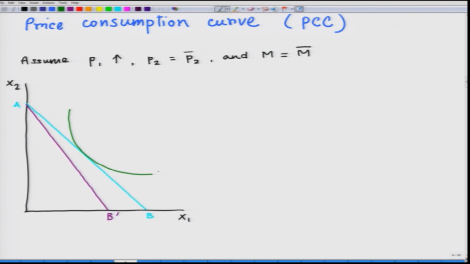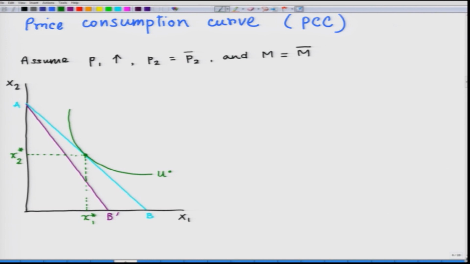So, let us start with this initial level of utility, and this is the level of utility that the consumer used to get when the price of commodity 1 was lower, and you can see this will be like x1 star and x2 star.